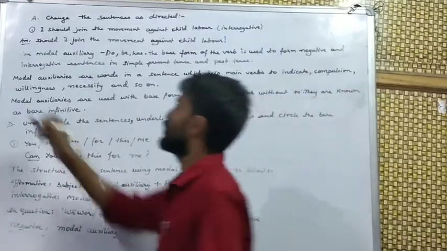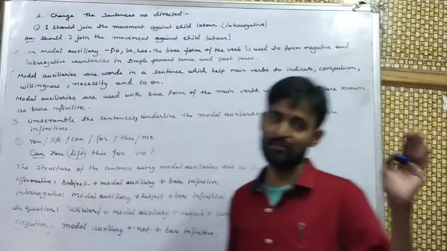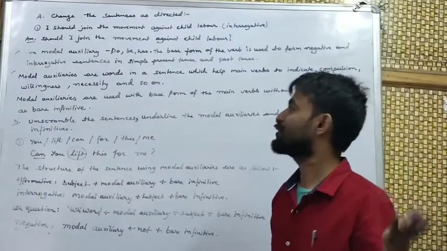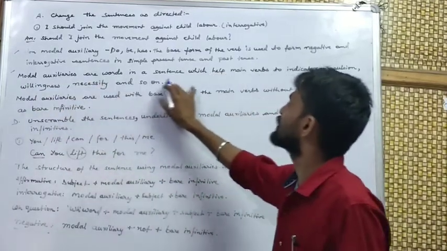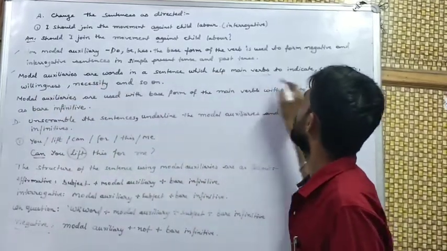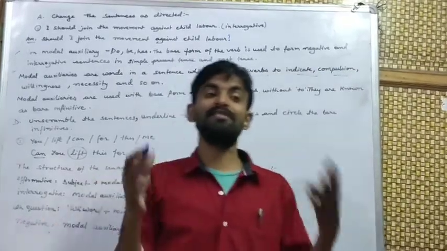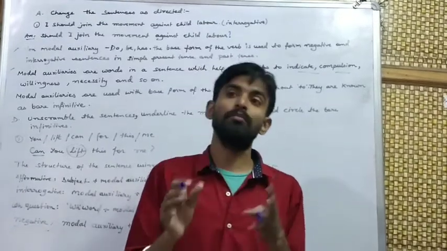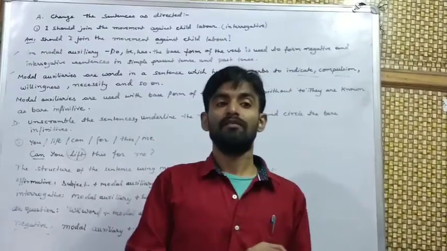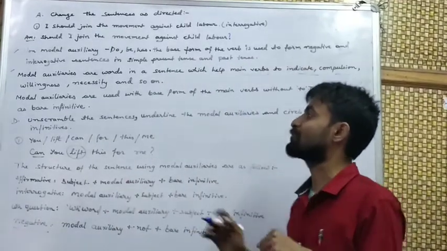The difference between non-modal auxiliary and modal auxiliary we have discussed in the previous video. Modal auxiliaries are words in a sentence which help the main verb to indicate things like compulsion, possibility, and the mood of the speaker.